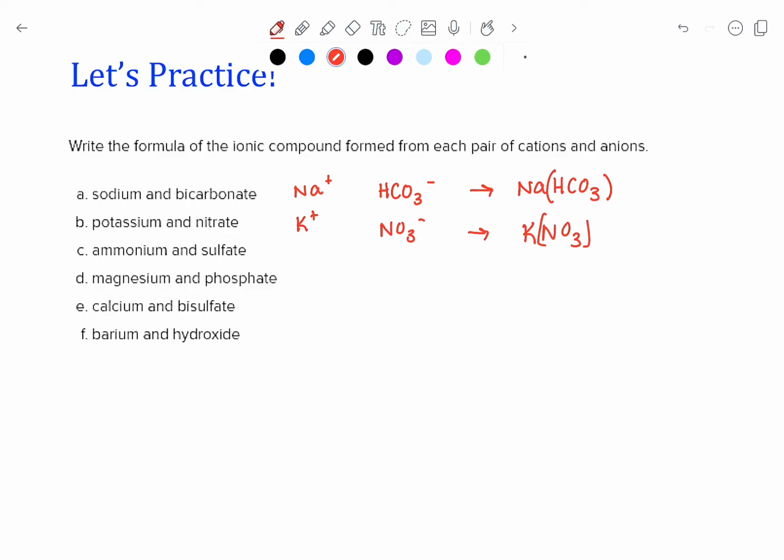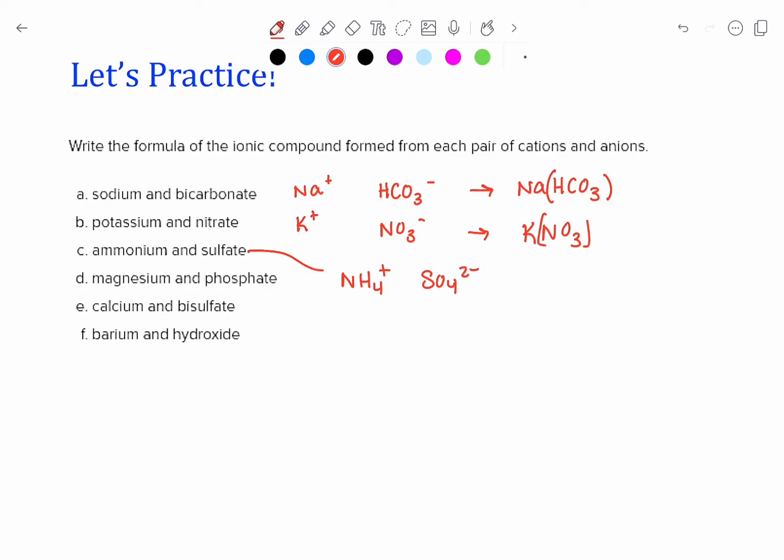Next up, we have 2 polyatomic ions coming together. Ammonium is our polyatomic cation. That has a formula of NH4+. Then we have sulfate, which is one of the ones that we looked at before. Sulfate is SO4 2-.